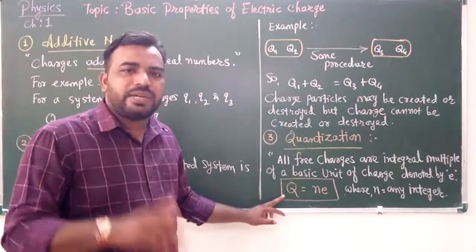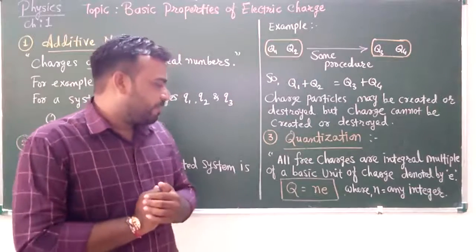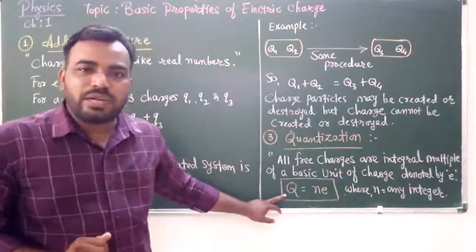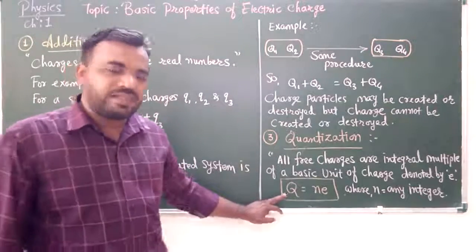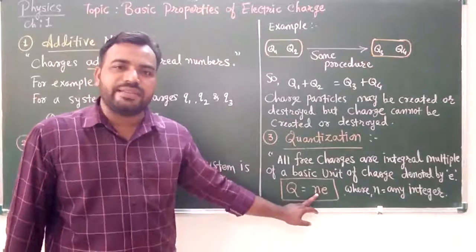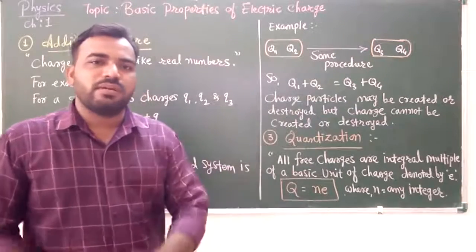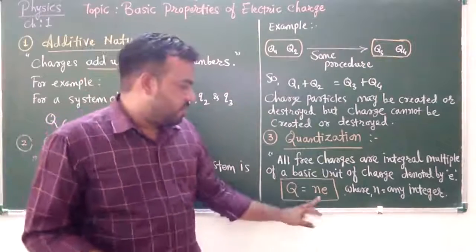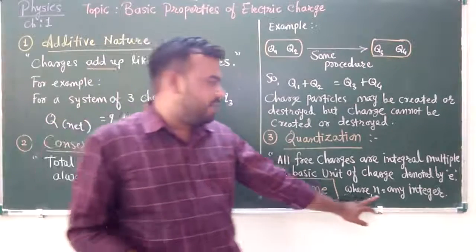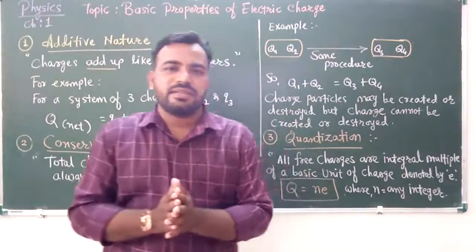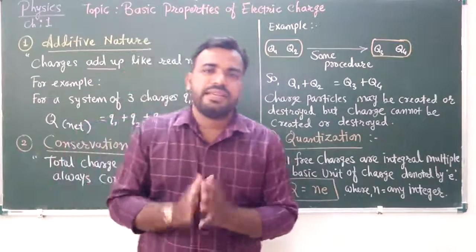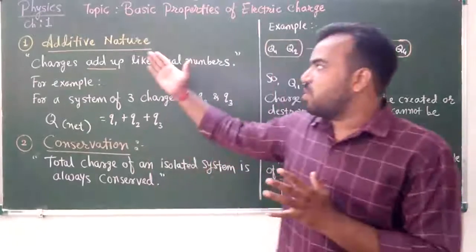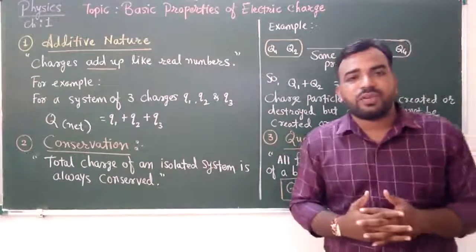So there is a particular mathematical equation to represent the total amount of charge, and that equation is Q equals n e. Here e represents the basic charge, and n is any integer. So dear students, this is about the basic properties of electric charge.